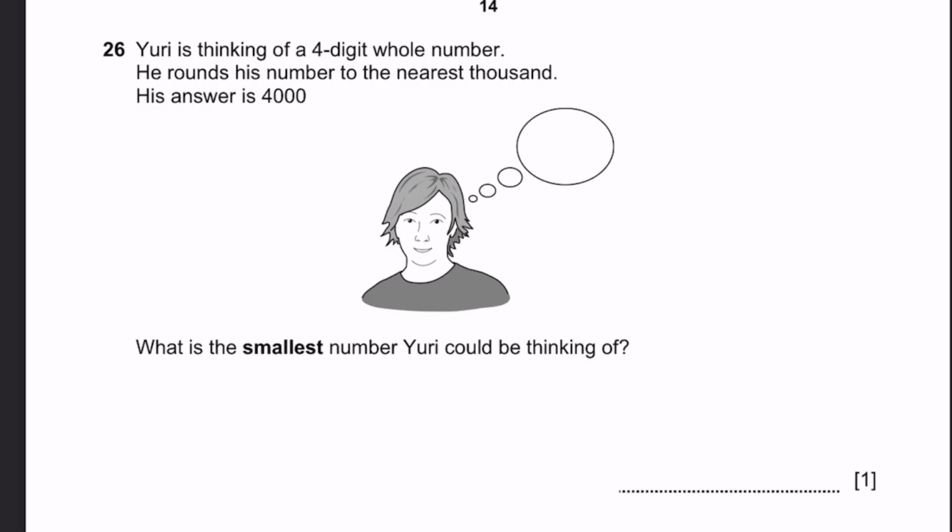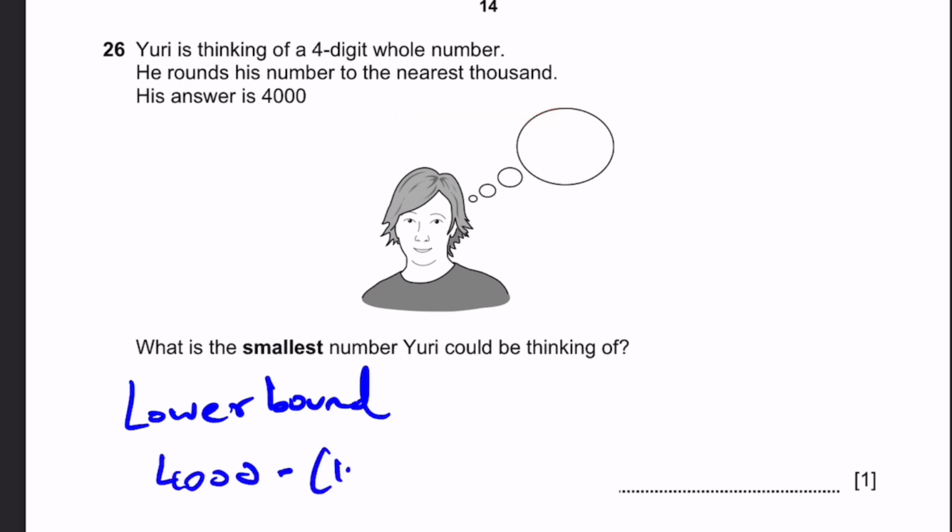Question 26. Yuri is thinking of a 4-digit whole number. He rounds his number to the nearest 1,000. His answer is 4,000. What's the smallest number Yuri could be thinking of? This is called the lower bound, which will be, because we're rounding to the nearest 1,000, we'll do 4,000 minus 1,000 divided by 2. Why is 1,000 divided by 2? Because nearest 1,000.